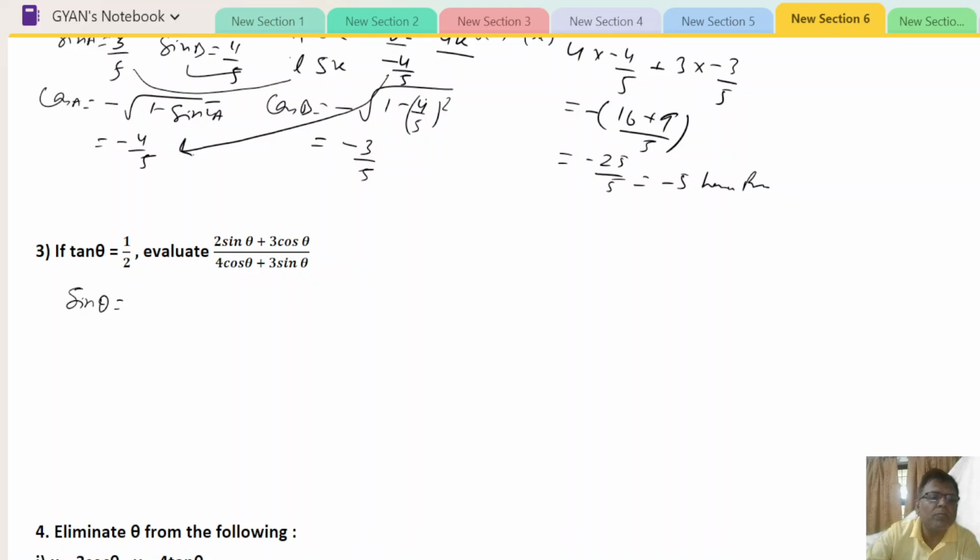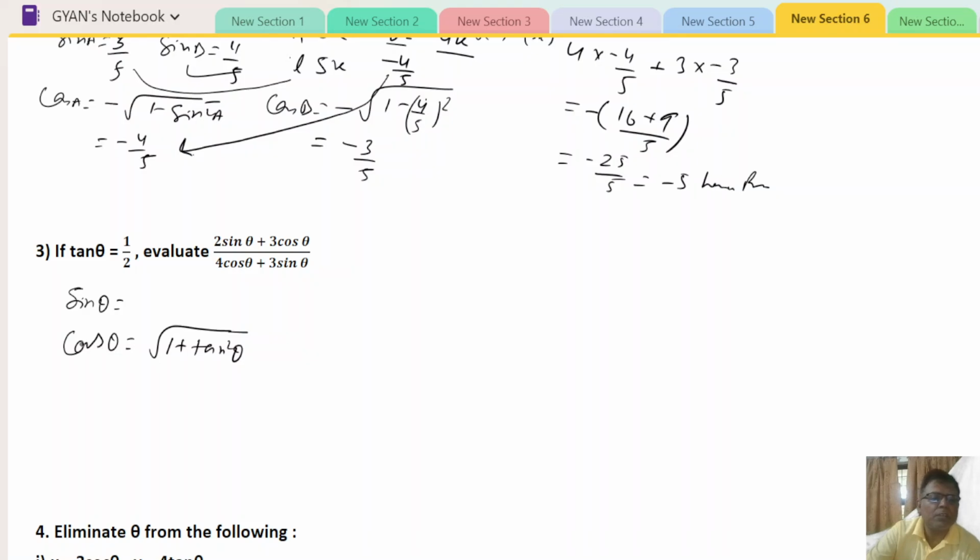First you find cos theta. So cos theta will be root over 1 plus tan square theta, so 1 plus cos square theta. So will that be positive or negative?